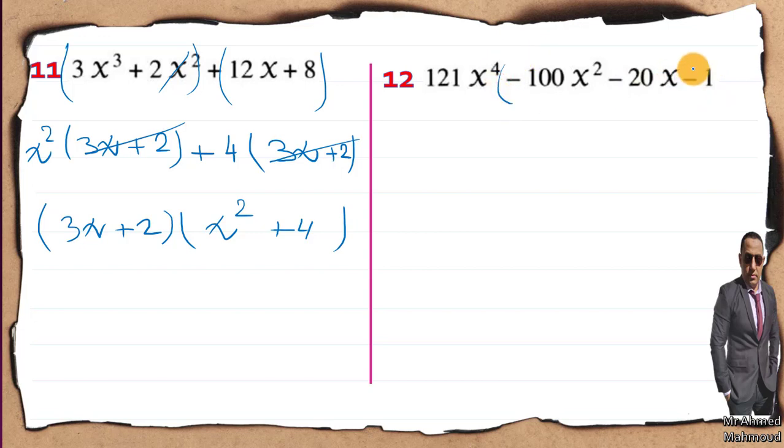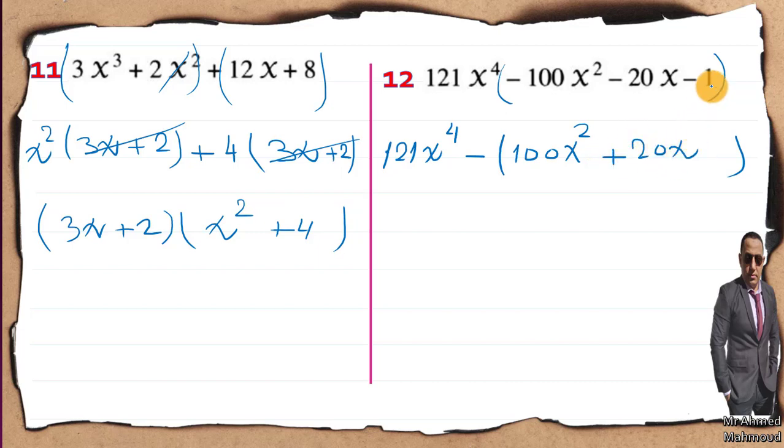this group is a perfect square. 100x power of 2 minus 20x minus 1 is a perfect square, but I have to take negative common factor, so I will write 121x power 4 minus open brackets negative 100 divided by negative equals positive 100 x power of 2, negative 20 divided by negative equals positive 20x, negative 1 divided by negative equals positive 1.